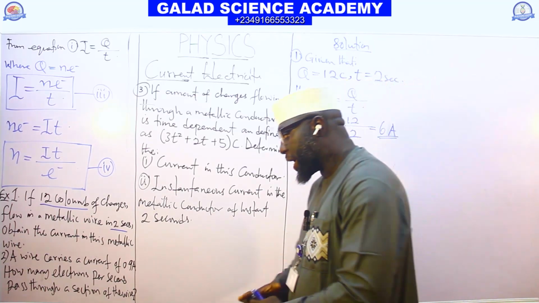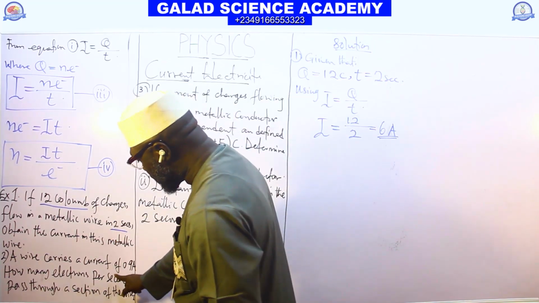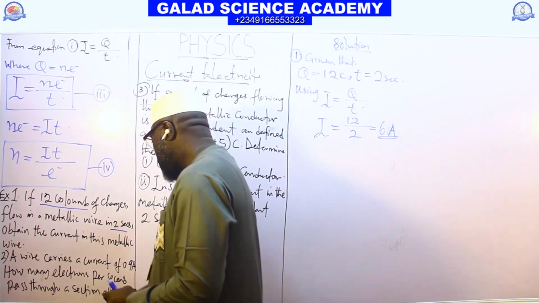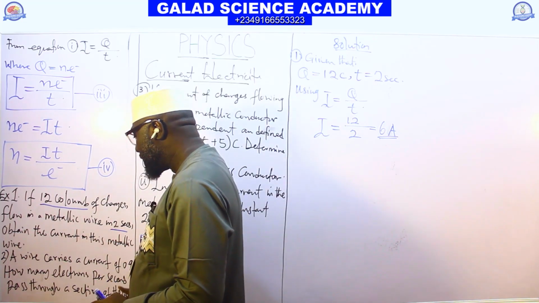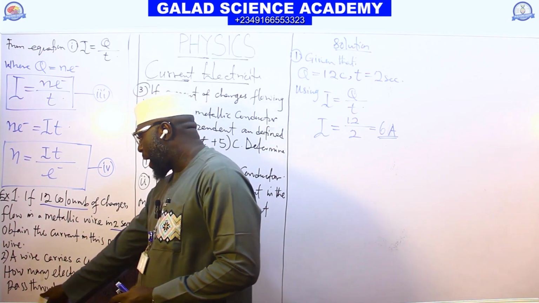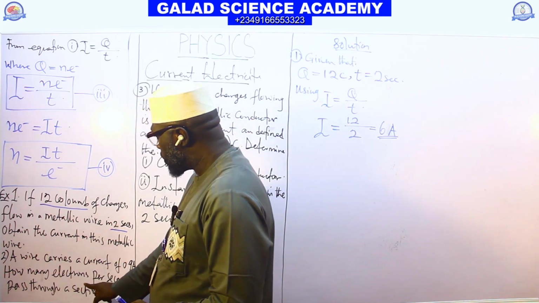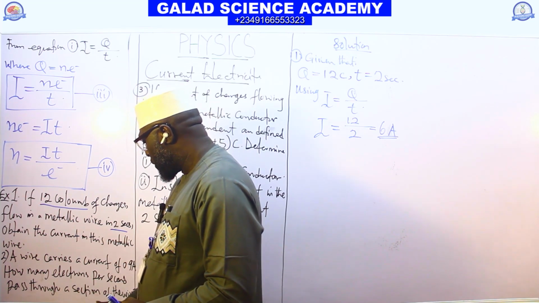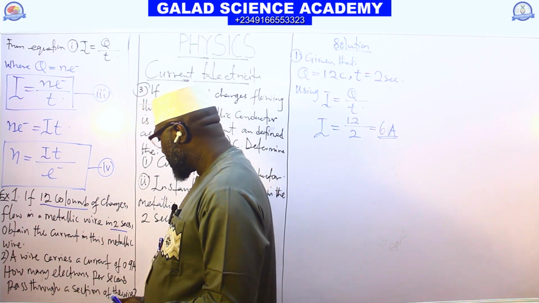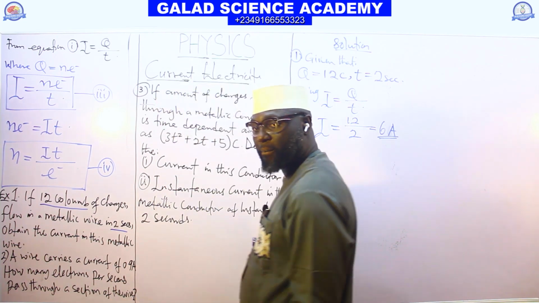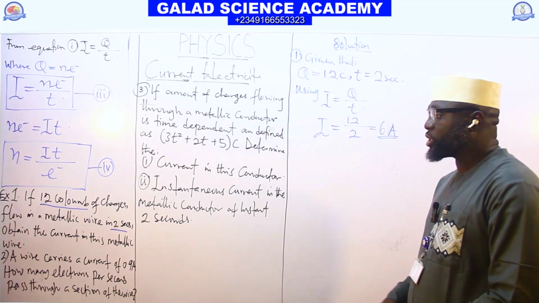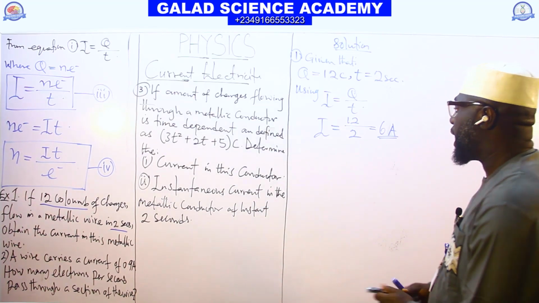Then the second question. A wire carries a current of 0.9 ampere. How many electrons per second pass through the section of the wire?